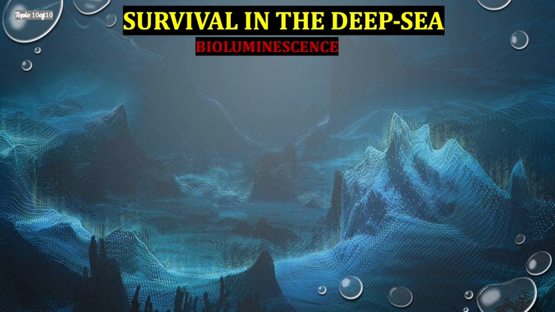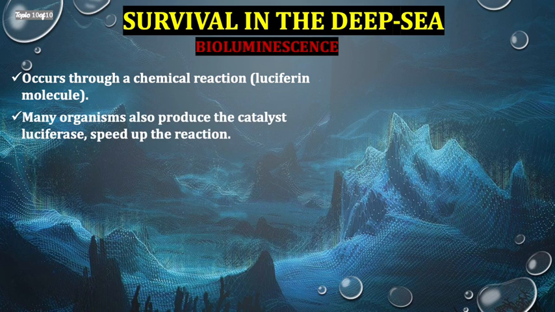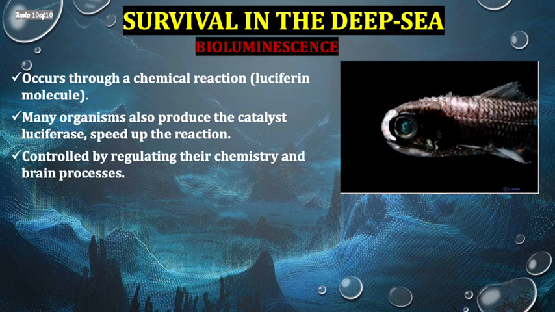Okay, so to adapt to the extreme darkness of the deep sea, many organisms develop a bioluminescence adaptation. Bioluminescence occurs through a chemical reaction, usually in the form of the luciferin molecule. Some organisms also speed up the reaction of the luciferin to produce a quick bioluminescence reaction, and by doing that they use a catalyst called luciferase.